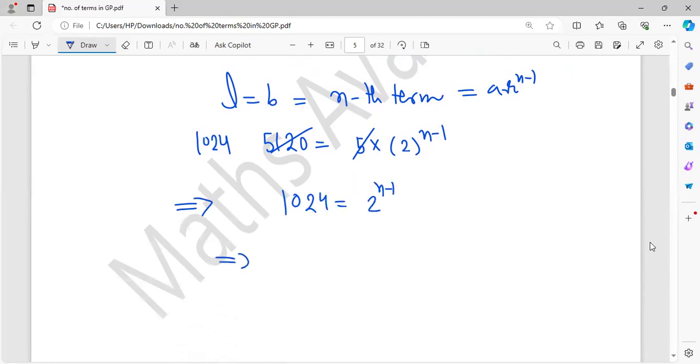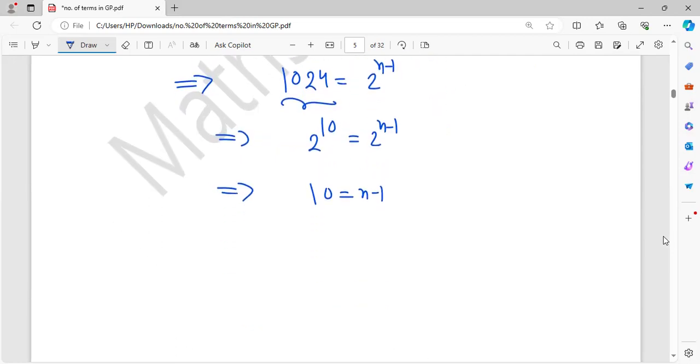Now how can I write it in the power of 2? 2 to the power 10 it is. Compare the power. So what is n? n is 10 plus 1. n is 11.